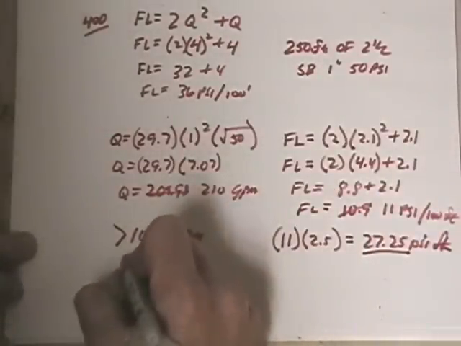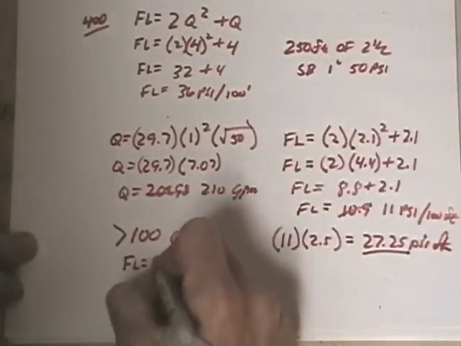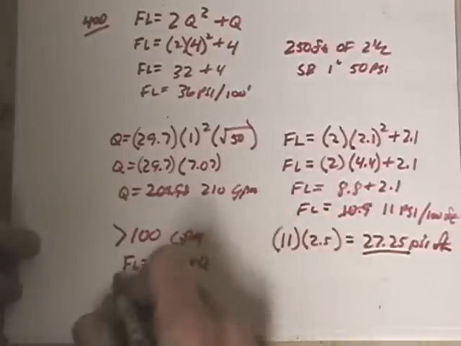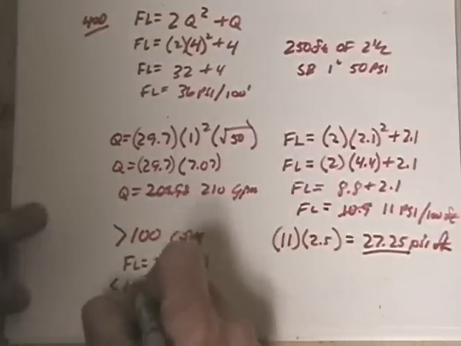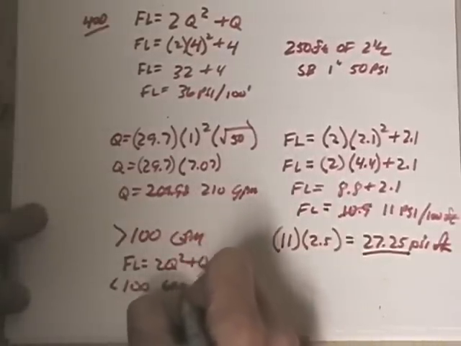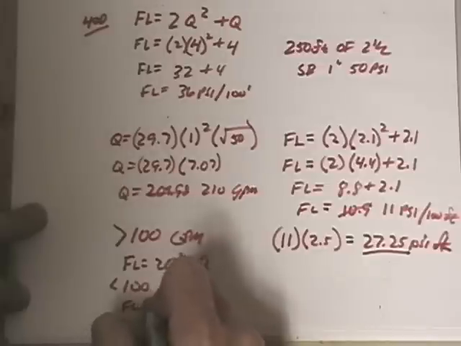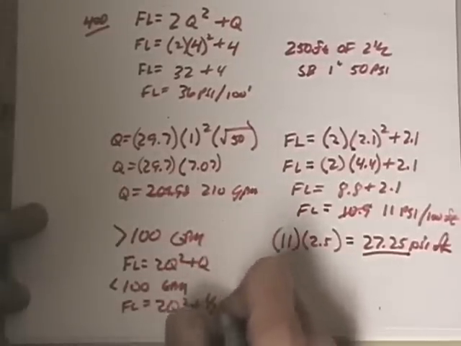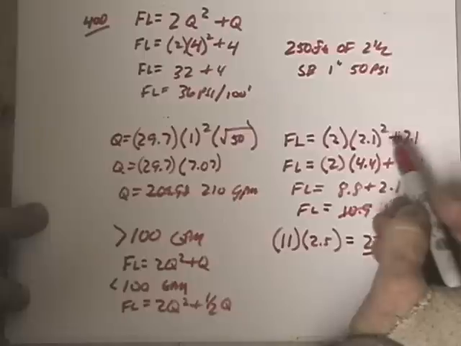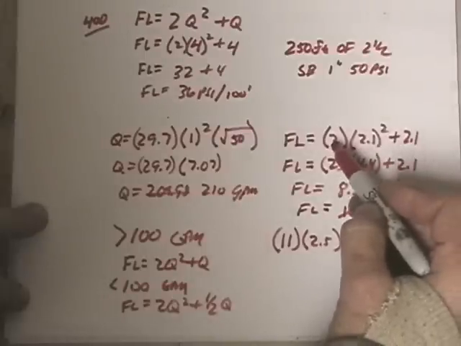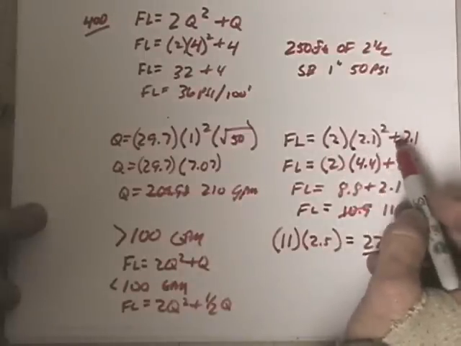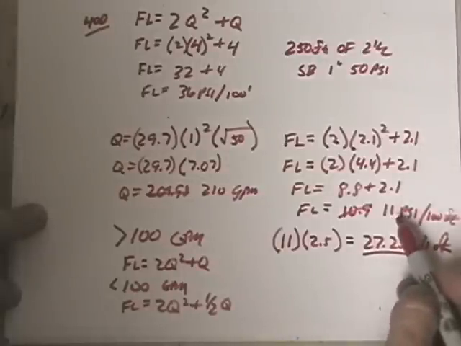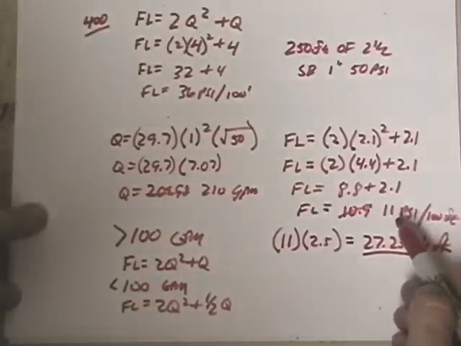So over 100 gallons a minute is friction loss is equal to 2Q squared plus Q. Whereas friction loss of less than 100 gallons per minute is friction loss is equal to 2Q squared plus 1/2 Q. So all we're going to do is in this section right here, we're still going to have the 2 times 2.1 squared plus, and then we're only going to add 1 in here. So our friction loss is actually only going to be 10 psi if we were flowing less than 100 gallons a minute.